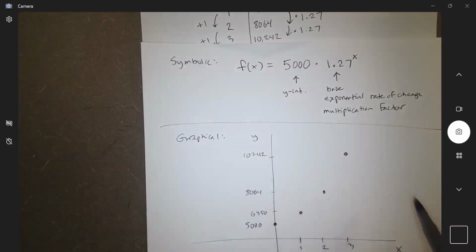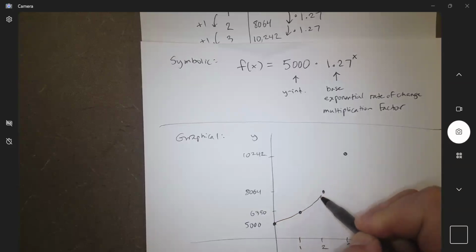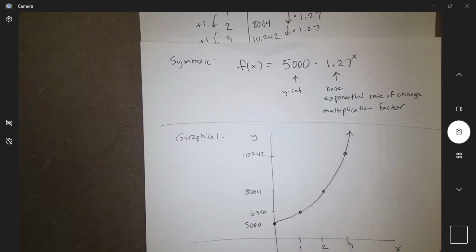And if we imagine, it's not like at the stroke of midnight, all the bacteria split, right? They're growing continuously. So we can connect all of this with a nice smooth line, and what we get is a function that curves up like that.